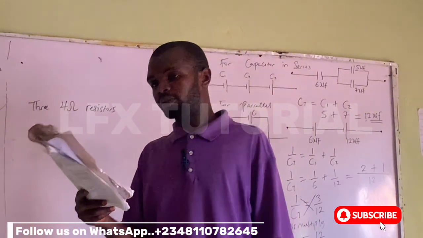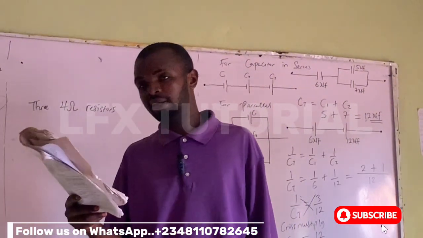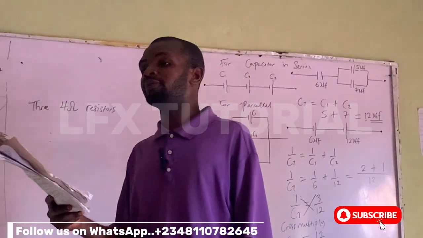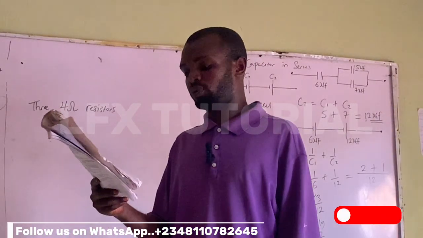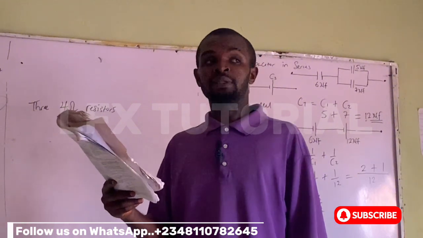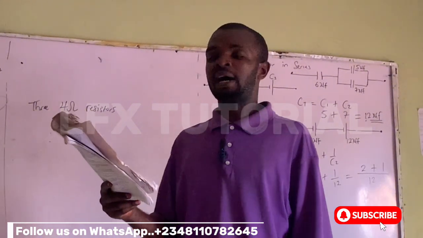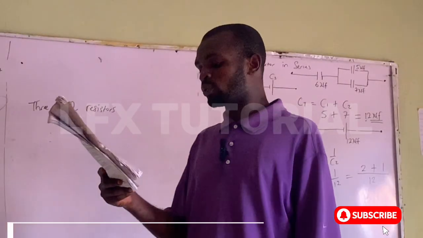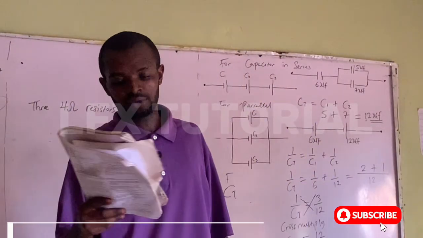Three 4 ohm resistors connected in parallel have a potential difference of 16 V applied across them. What is the total current in the circuit?